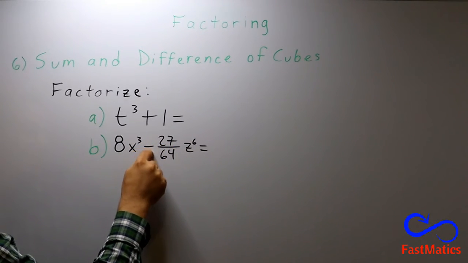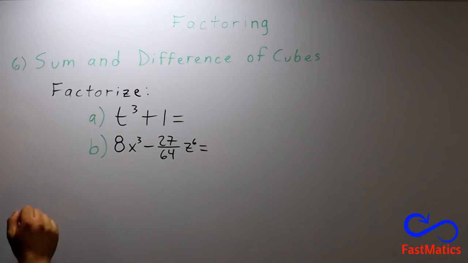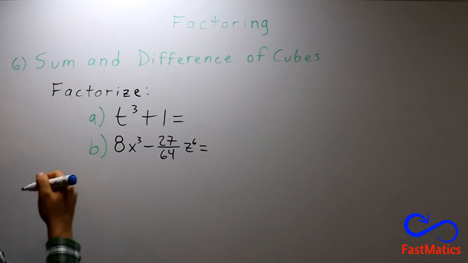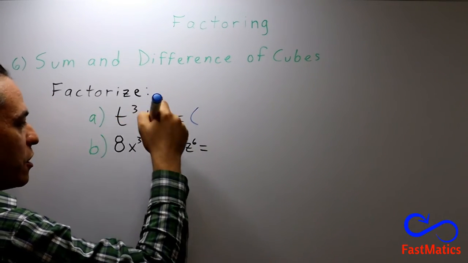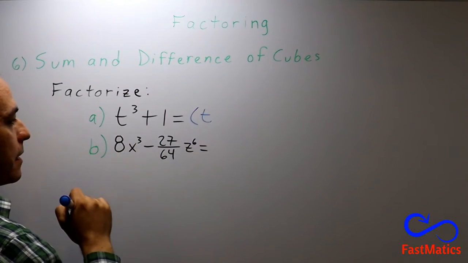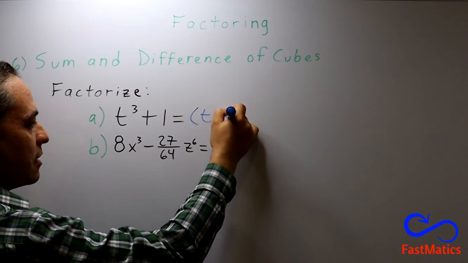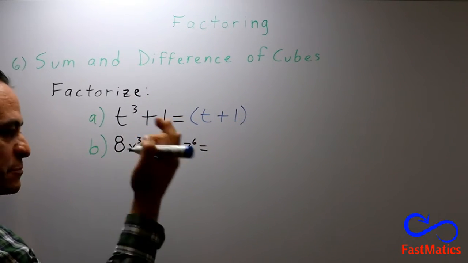Difference if you have the negative sign, sum if you have the plus sign. Okay, so what is the rule? We are going to put a parenthesis. The cube root of t to the power of 3 is t. We copy this sign, and the cube root of 1 is 1, because 1 times 1 times 1 is 1.